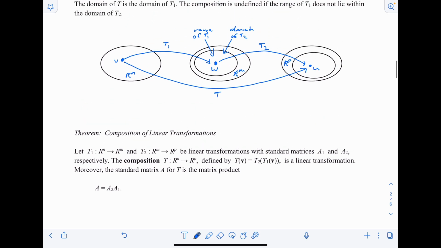So going back to our picture, using matrices, we could take A1 and use that to map V to W. We could take A2 and use that to map W to U. And the standard matrix A is found by taking A2 times A1. Notice the order is kind of backward in that regard. It's starting with the second part and then multiplying by the first part. And that's going to be important. We'll see that a lot in the next lesson.